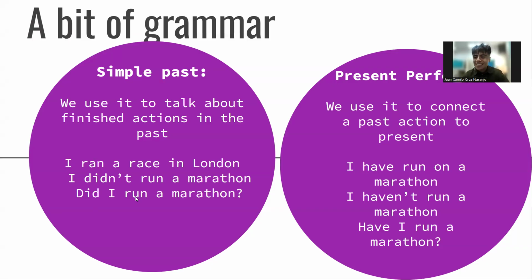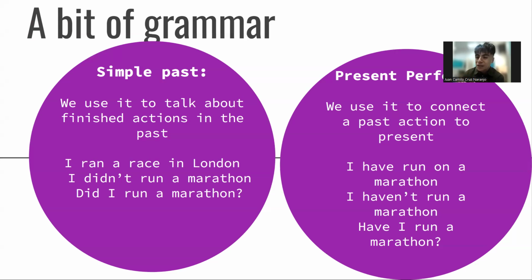That is our question in simple past. So, remember, the simple past is used to describe actions that happened in the past and finished in the past. Okay? Yet, how about the present perfect?